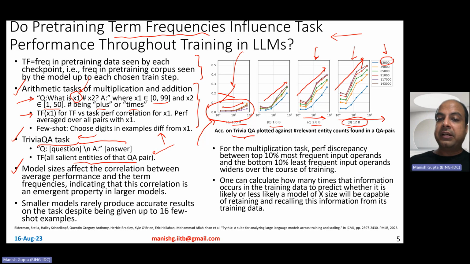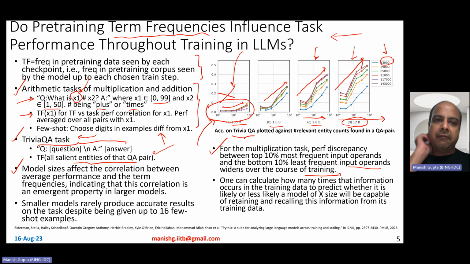In fact, for the multiplication task, one other experiment they did was to look at the performance discrepancy between the top 10% most frequent input operands and the bottom 10% least frequent input operands, right? And they observed that the gap widens over the course of training. So as you have higher and higher frequency, the gap in performance widens. Okay, so that was that.